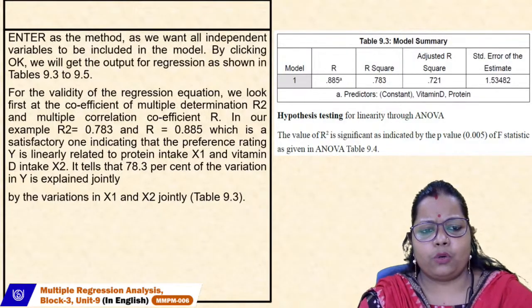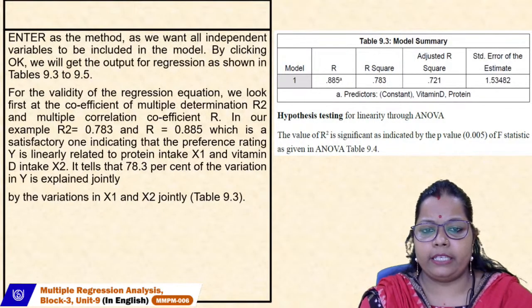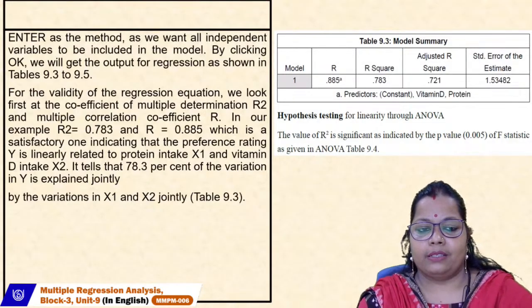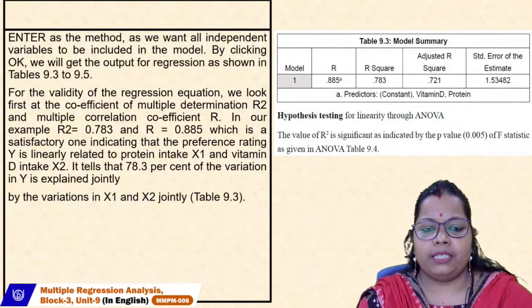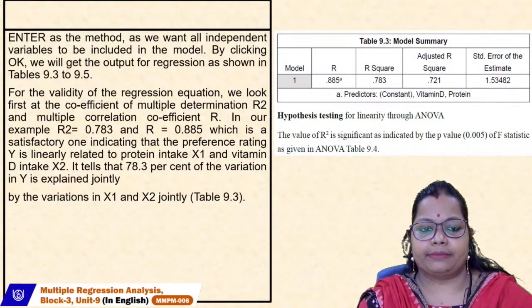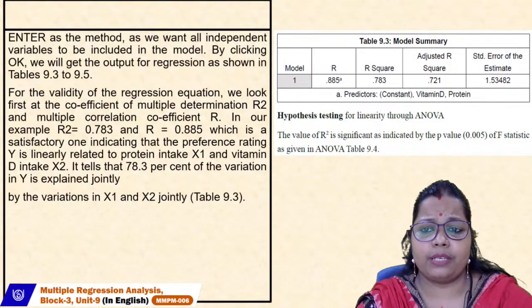First we look at the coefficient of multiple determination, that is R square. R square explains the variability. So what is my R square value over here?